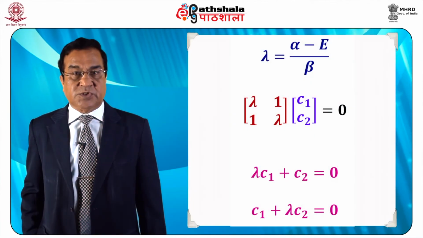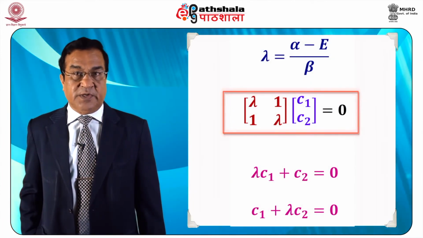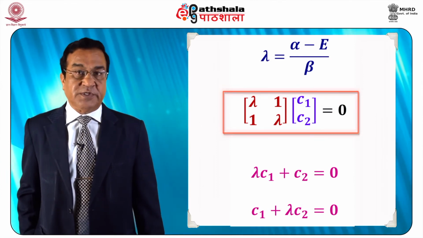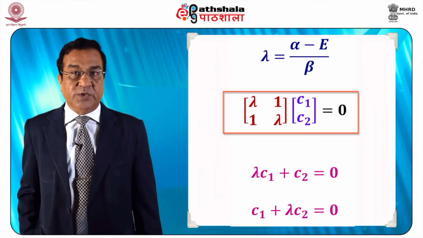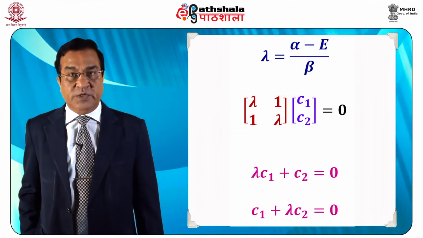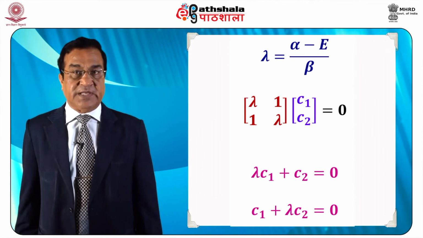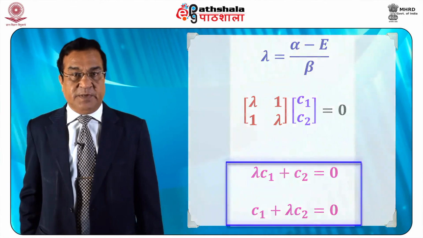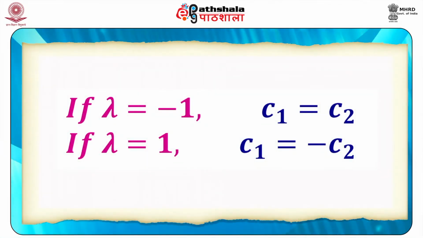We now need to solve the corresponding secular equations to find the wave functions. And wave functions can be obtained if we know the values of C1 and C2. So if we solve these secular equations, as you can see here, we get two equations which on further simplification lead to the fact that if lambda is minus 1, then C1 is equal to C2.